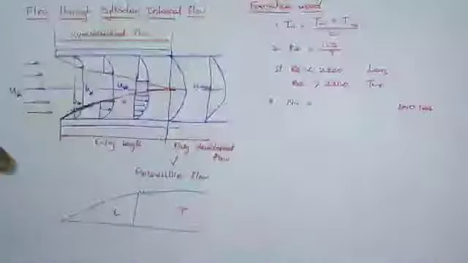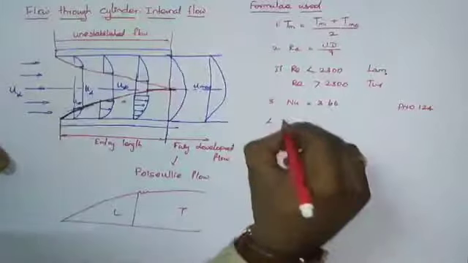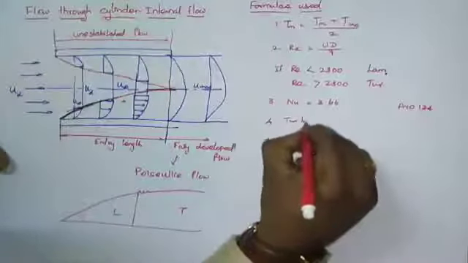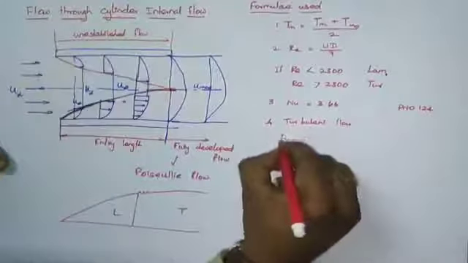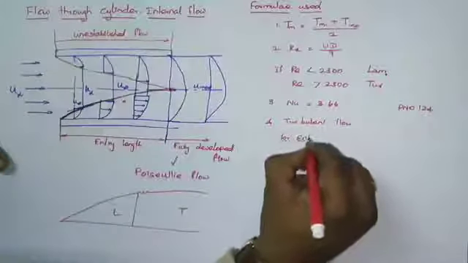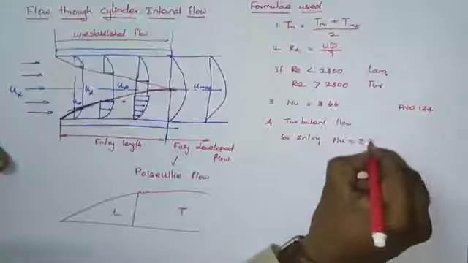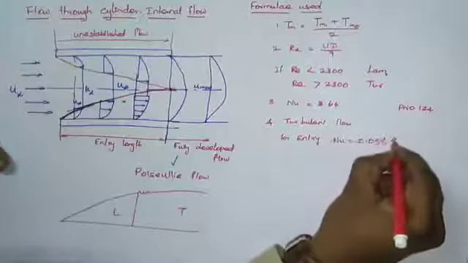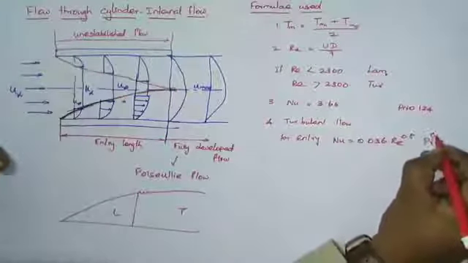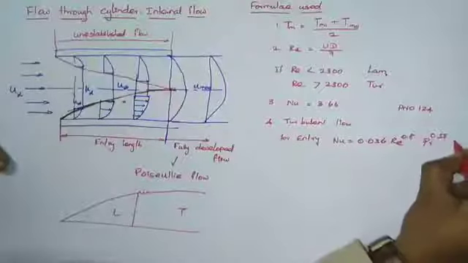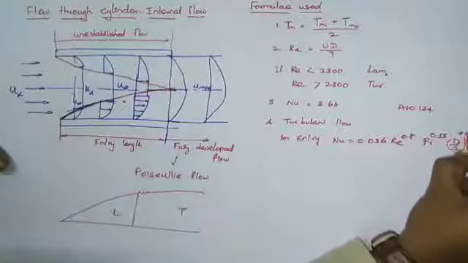So Nu equal to 3.66 for laminar flow. In the fourth point, for turbulent flow, for entry length, Nu equal to 0.036 Re power 0.8 Pr power 0.33 into (D divided by L) the whole power 0.55.